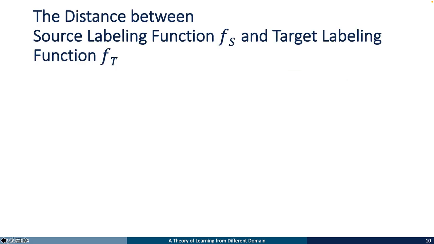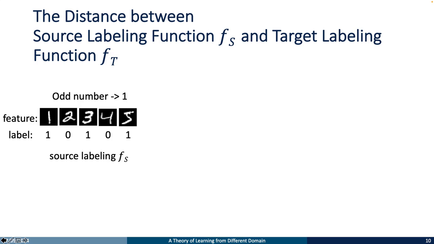Now, let's explore how to measure the difference between the labeling functions in the source and target domains. We provide three examples of labeling differences in the digit recognition problem. In this case, we assume there are only 5 types of digit images, ranging from digits 1 to 5. In the first case, the labeling function in the source domain fs labels odd numbers as 1 and all others as 0.